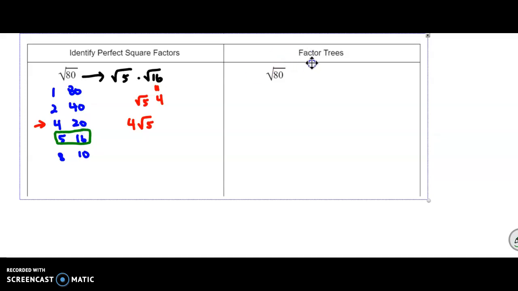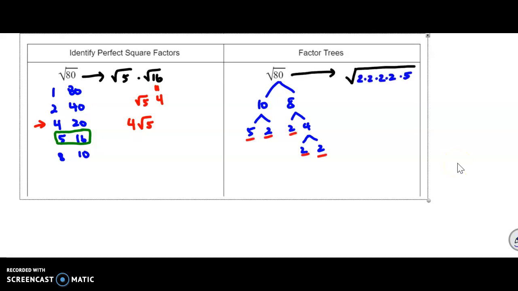Now if I use the factor trees, I'm going to break down 80 to make my factors look like this. Here's my factor tree, and I'm also going to underline my prime numbers, the factors that I end with. And I've rewritten those factors inside the square root: 2 times 2 times 2 times 2 times 5 multiplies to 80.